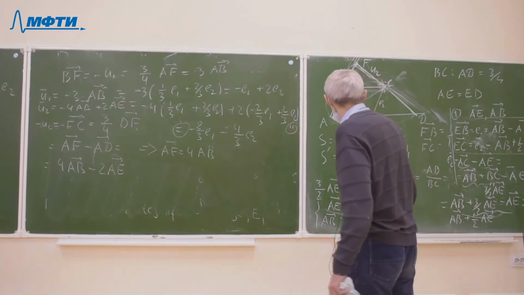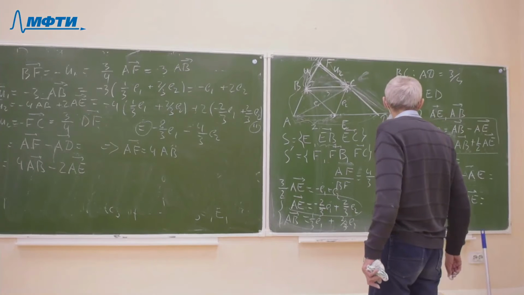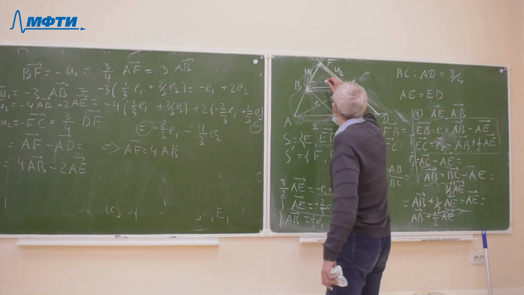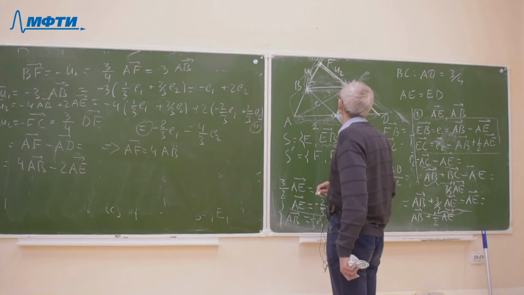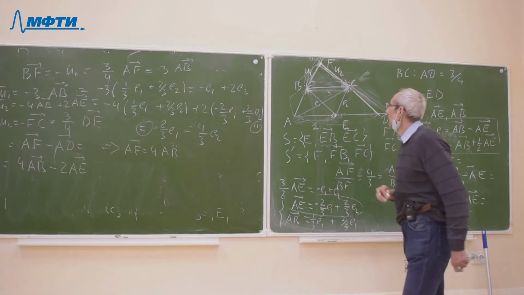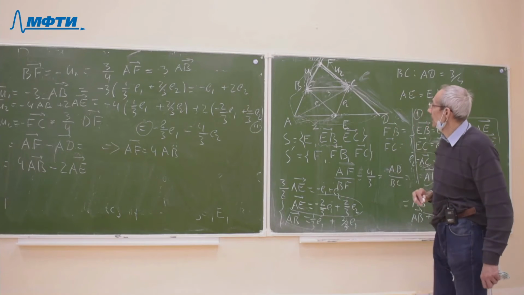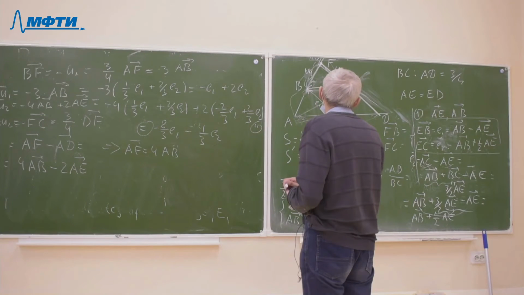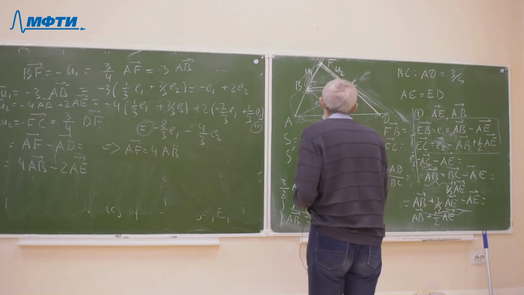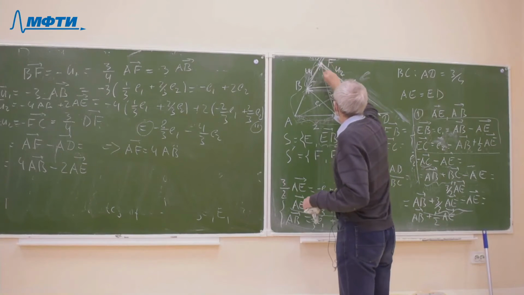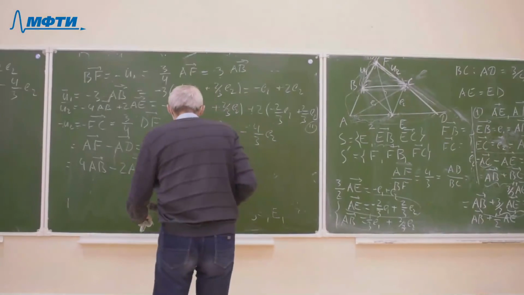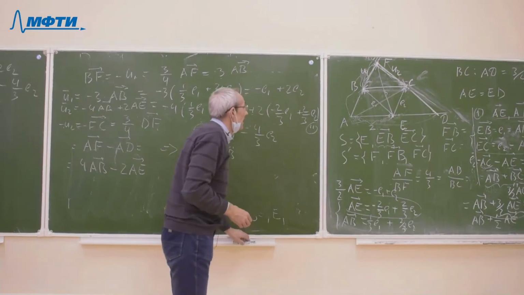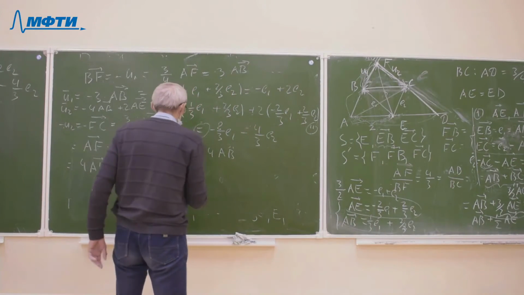And let's find the coordinates of point F in terms of the old basis. Easy to see. The coordinates of the point F in the old basis are equal to the coordinates of the vector EF.